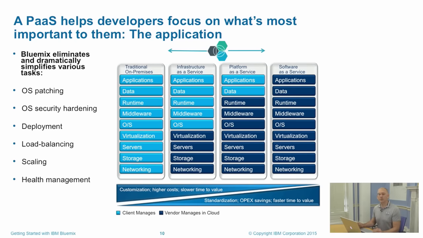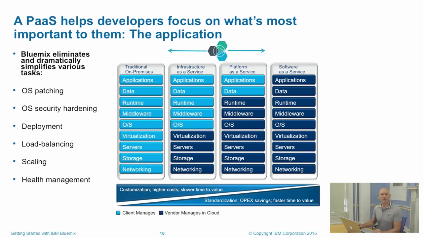This is where the service provider provides everything up to the application runtime. So they fully manage the environment and the runtime. And as a developer, we just care about what our application does and the data that the application needs. What a customer actually wants is probably software as a service. That's where they just acquire as a service the business functionality they need.